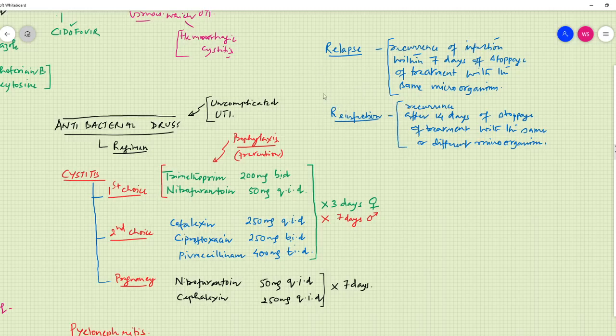So prophylaxis is usually where we are trying to prevent the relapse.